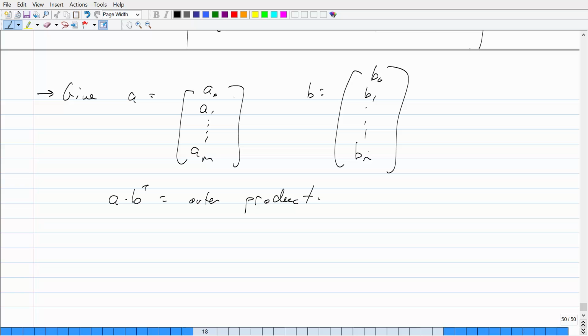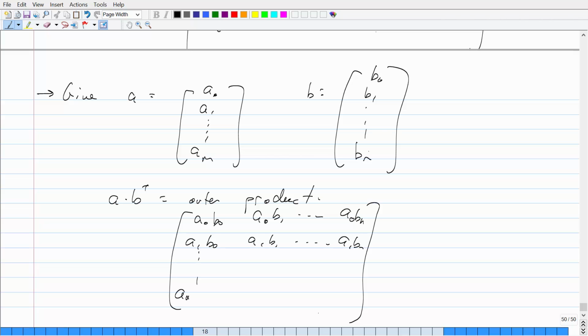What you would get is a matrix of pairs of combinations: A0B0, A0B1, A0Bn, then A1B0, A1B1, all the way down this way and this way.